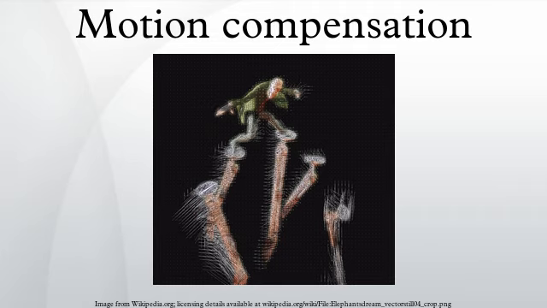Variable block size motion compensation is the use of BMC with the ability for the encoder to dynamically select the size of the blocks. When coding video, the use of larger blocks can reduce the number of bits needed to represent the motion vectors, while the use of smaller blocks can result in a smaller amount of prediction residual information to encode.